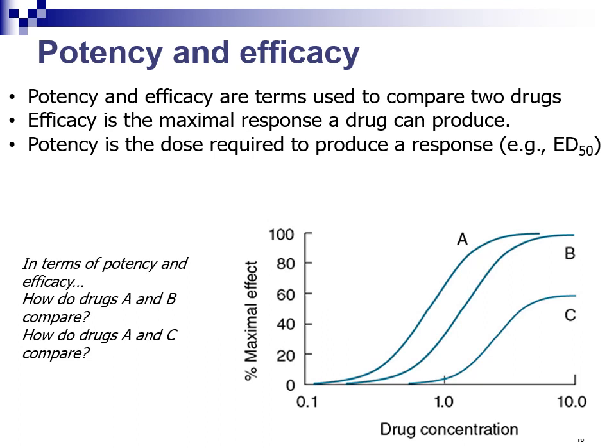I suppose if you really wanted to say, what is the dose that causes the ED50 for A versus the ED50 for C, you could say A technically is more potent than C because the ED50 is reached at a lower dose.